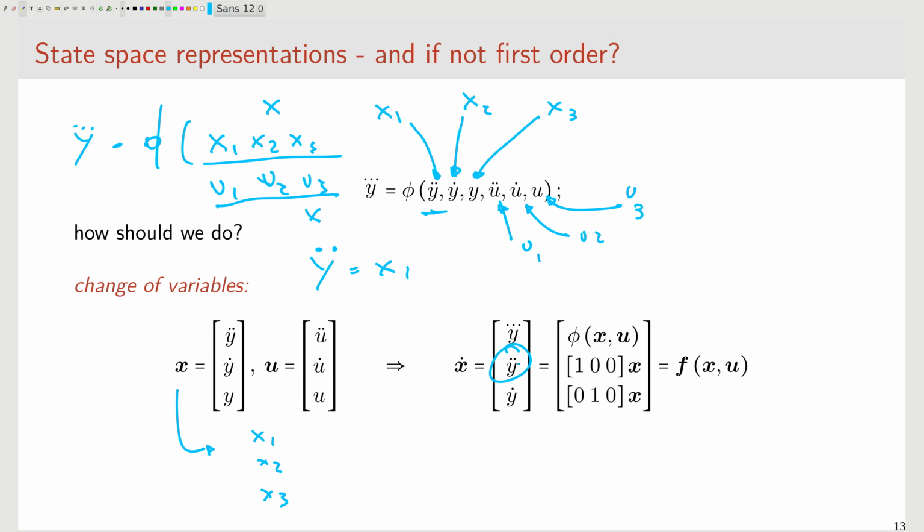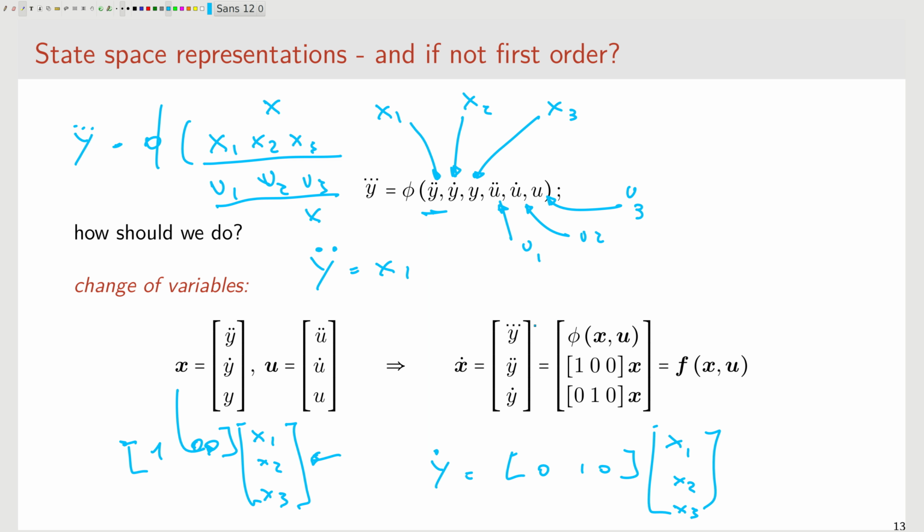It means that y double dot is equal to 1, 0, 0 times this vector. Same thing we can do for y dot. y dot is equal to x2. It means that y dot is equal to 0, 1, 0 times x1, x2, x3. And this way we are writing everything in the notation that we would like.